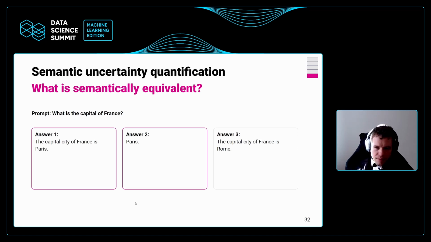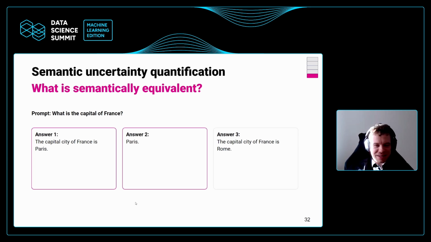And that brings us to one of the cheap levers that we can adjust here, which is what it means that two answers are semantically equivalent. And here again, for better or worse, LLMs to the rescue, because we see that the first answer and second answer are semantically equivalent, whereas the first answer and third answer, despite only having one word difference, which is Paris or Rome, are not semantically equivalent.